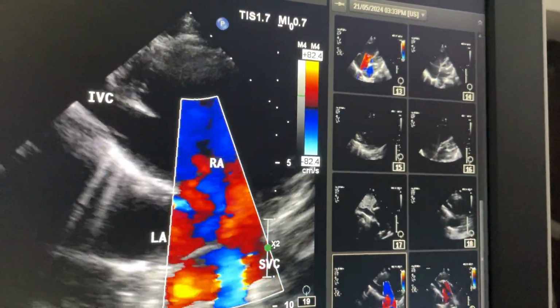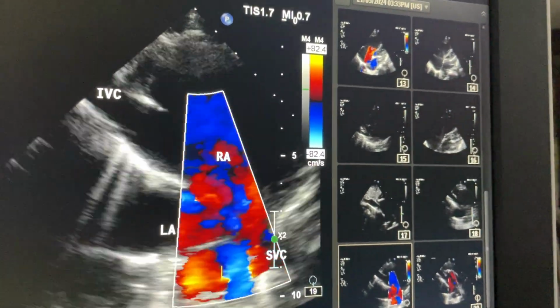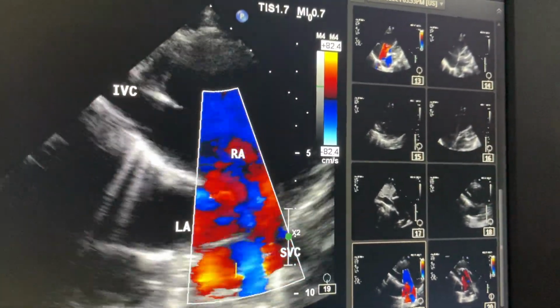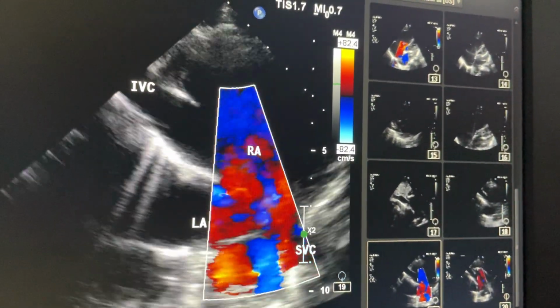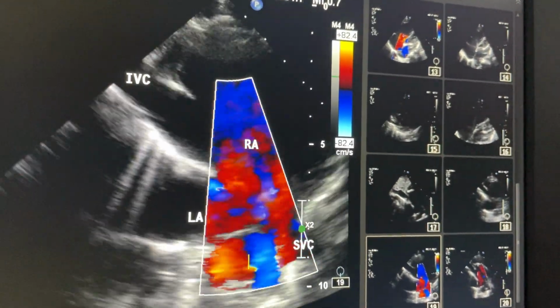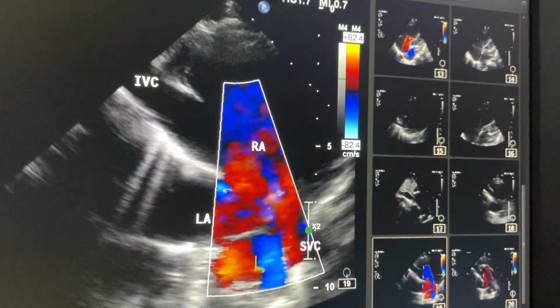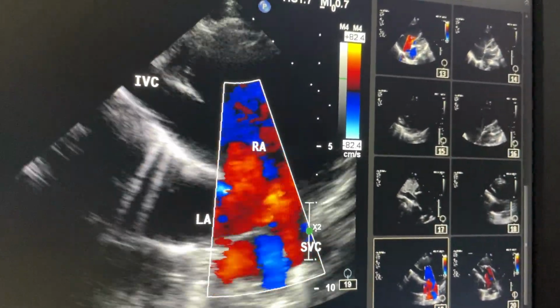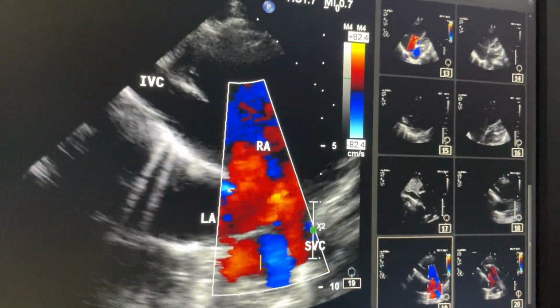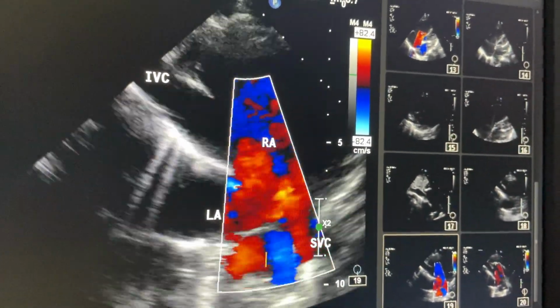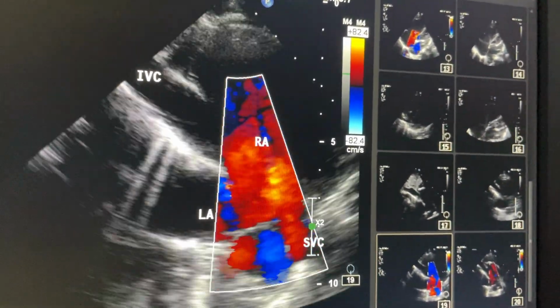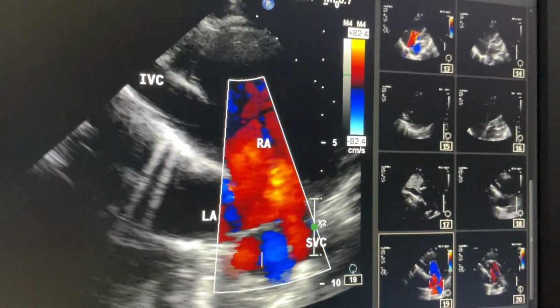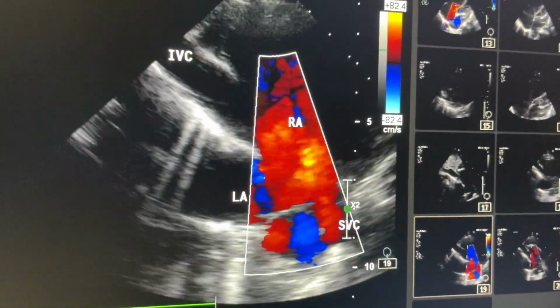You will not miss sinus venosus ASD in any case. So whenever you find the right atrium enlarged and there is no other cause like COPD or corpulent findings, especially in children, try to make this bicaval view. You will get sinus venosus ASD in all cases.